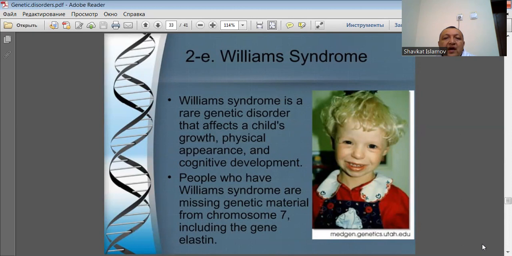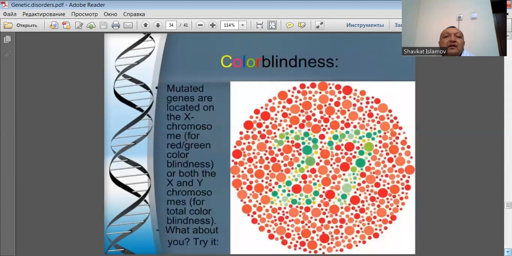People who have Williams syndrome are missing genetic material from chromosome 7, including the gene elastin. Color blindness: mutated genes are located on the X chromosome or on the X and Y chromosomes.